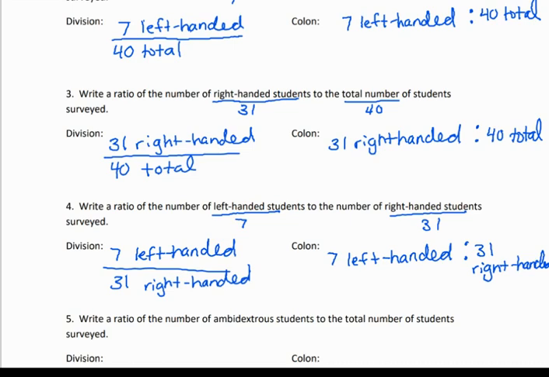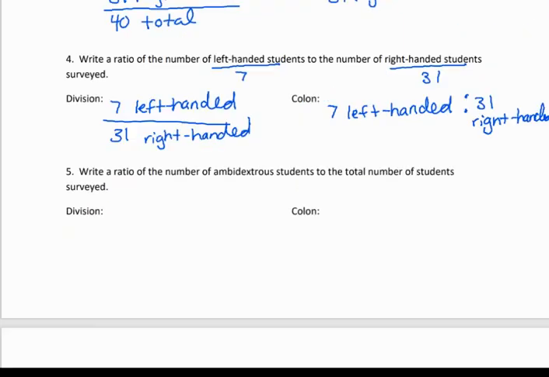All right, how about number 5? Same deal. Some people want to put that into the chat. Ambidextrous to total.